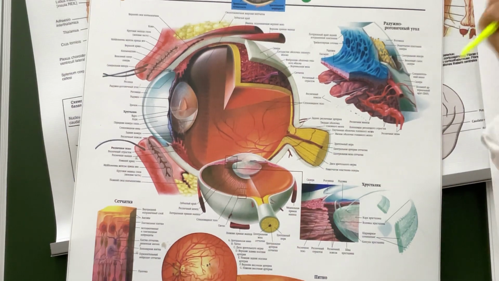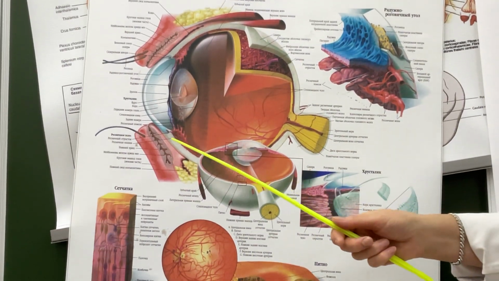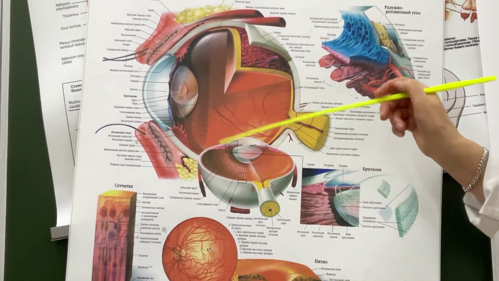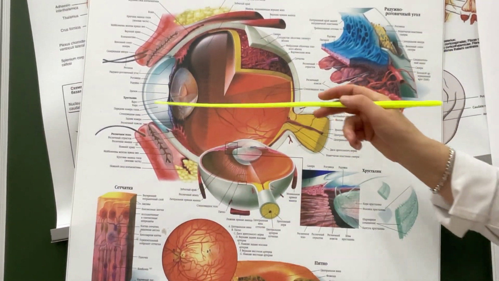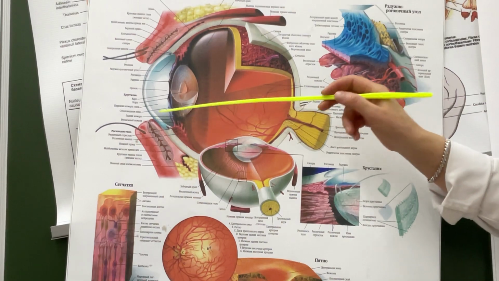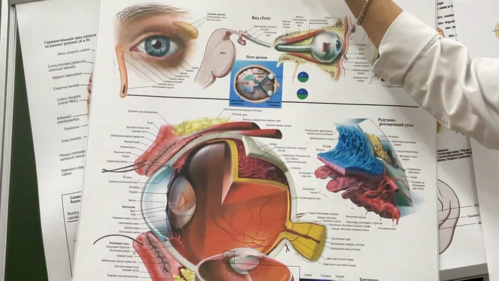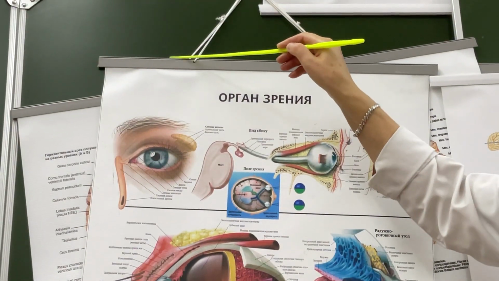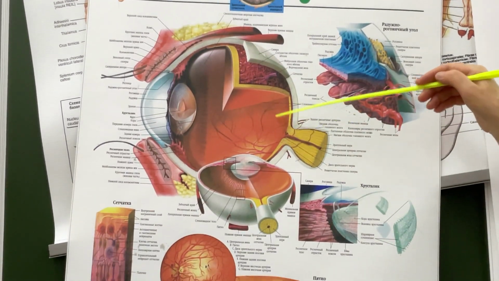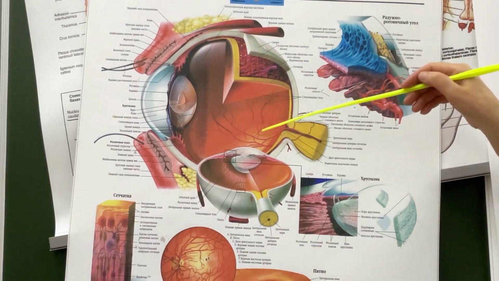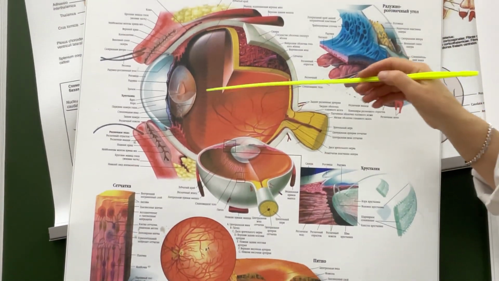Then we have something inside the eye. These are called refractive media. The main refractive media is the cornea. The light runs like this, and then is bent. This is called refraction, so that the light is converged on the place of the best vision.